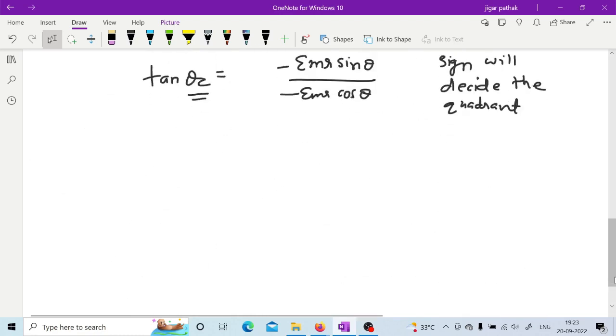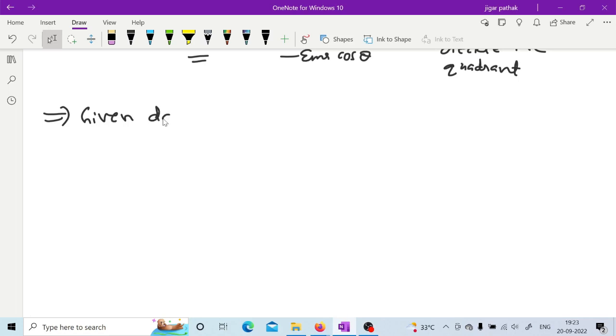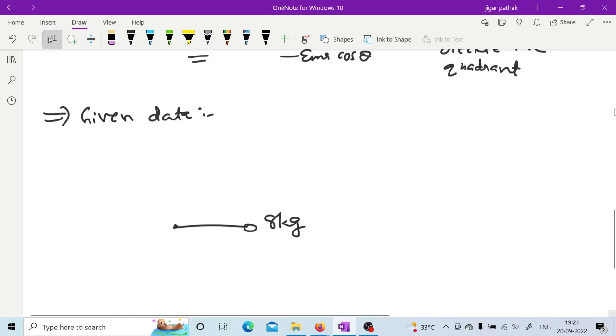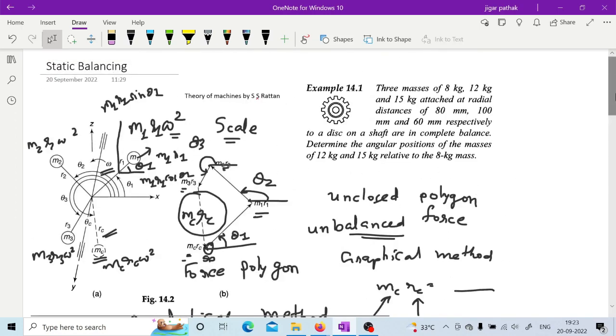In the given data for your problem, I am giving you some hints so that you can start solving it. The 8 kg mass is at 0 degrees, since you have to calculate the positions of 12 kg and 15 kg relative to the 8 kg mass.